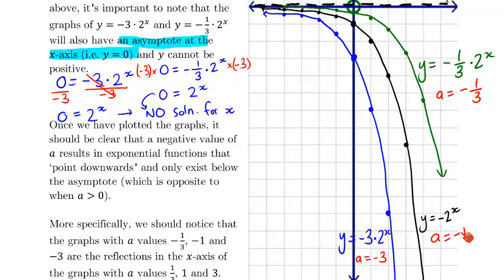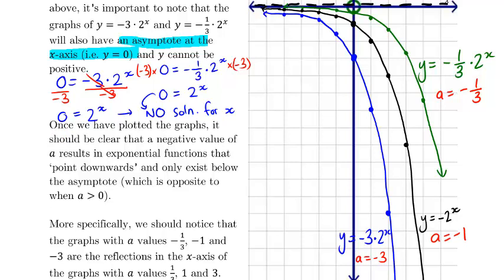Let me move up a little bit, okay? This one is y equals minus 2 to the x. That's what happened when a is equal to minus 1. Here is y equals minus 1 over 3 times 2 to the x. That's when a is equal to minus 1 over 3. Here in blue, y is equal to minus 3 times 2 to the x. That's when a is equal to minus 3.